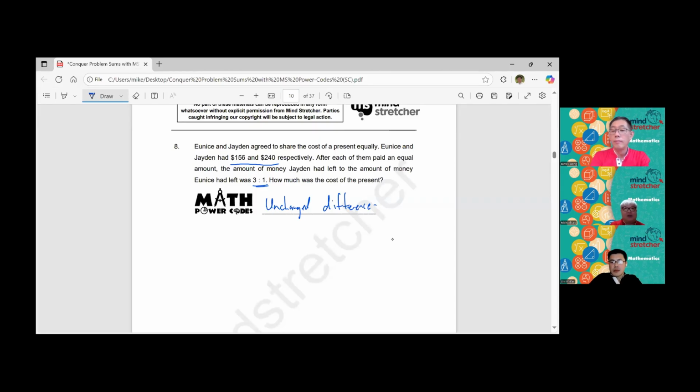Okay, so let's draw the model again. Not model, I write the ratio first. So Eunice and Jaden and the difference.